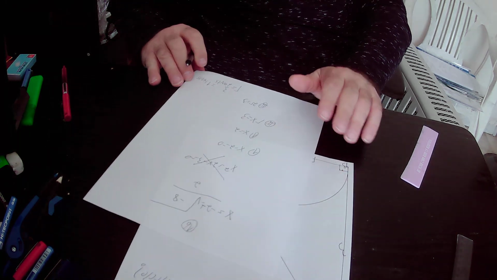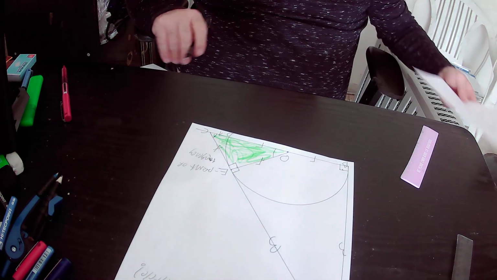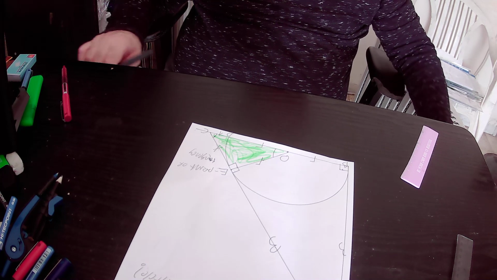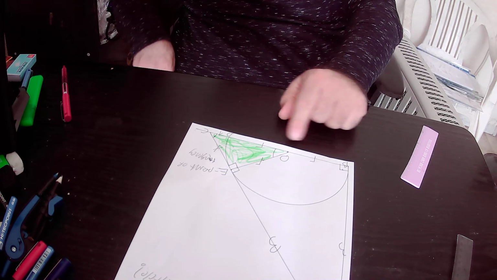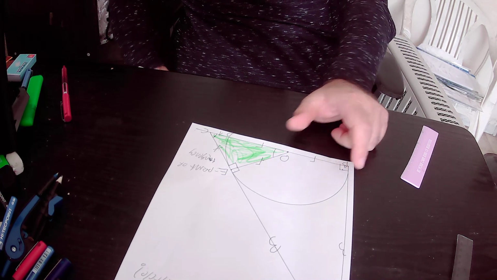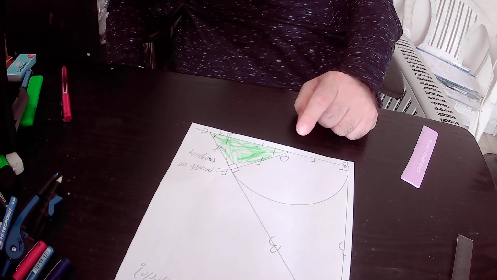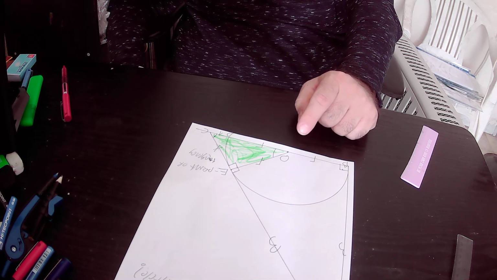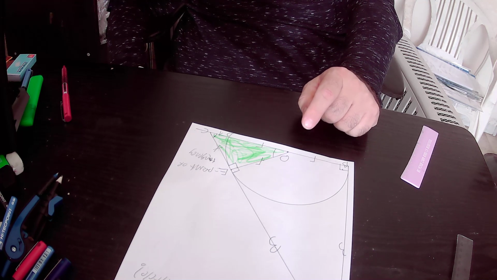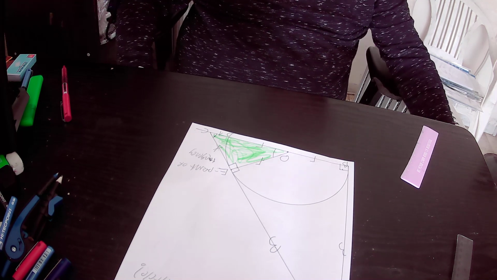Okay, so we actually found that the radius of this semicircle equals either 3 over 2 units, or 1.5 units. So that is the answer to the question.